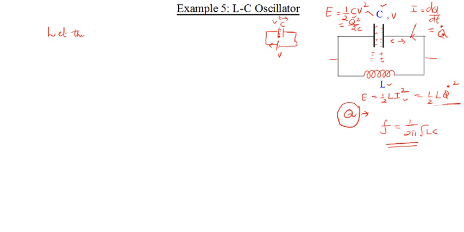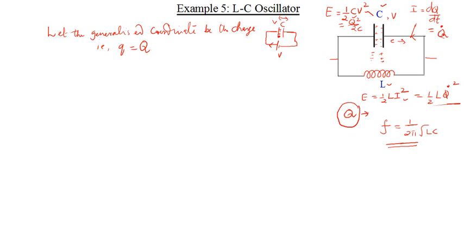Only one coordinate is enough, so we take the degree of freedom equal to 1. Capital Q is the charge and small q is the generalized coordinate, so they are the same.